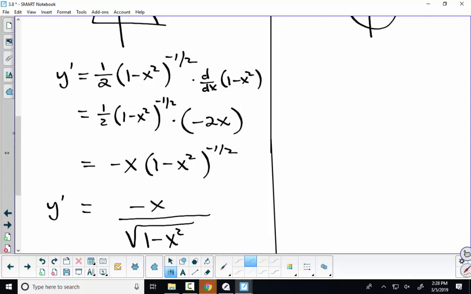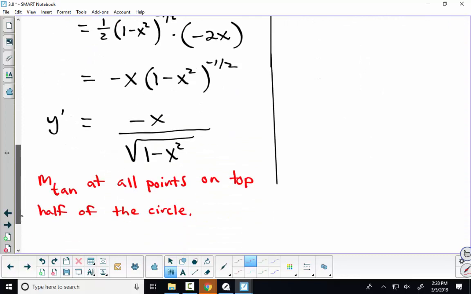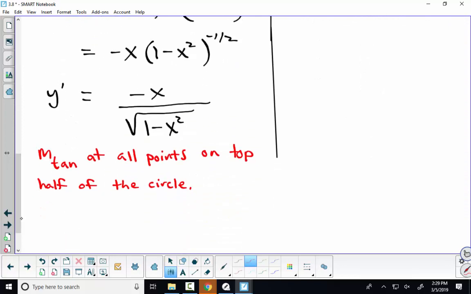Why the negative x? If I'm over here, let's say at this point, what's that slope? Positive. We've got a positive slope, but this is a negative x value, right? So if I take that negative x value and plug it into my derivative, then I multiply that negative x value by a positive, and all of this turns out to be positive.